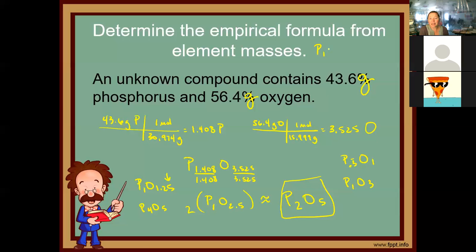If you get P1, O4.9998, yeah, you just round that to 5. But 2.5, a 0.3, a 0.25, that's a lot to round away. So definitely think about what scale factors you can use to get things to a whole number.